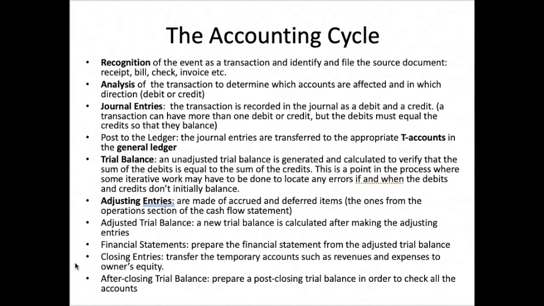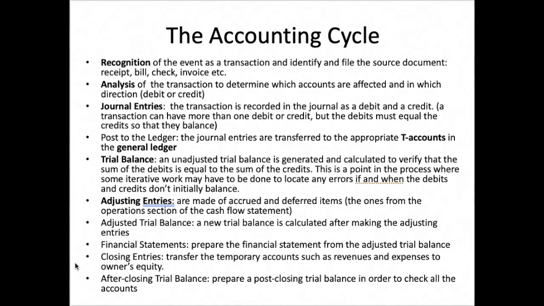And then closing entries are there because there are temporary accounts. Revenue and expenses are temporary accounts that then get flushed through to the owner's equity account on the balance sheet. And so those are closing those temporary accounts, and then they start from zero again, right? The next quarter, or the next month, or the next year, your revenues and expenses are zero, and then you start over again.